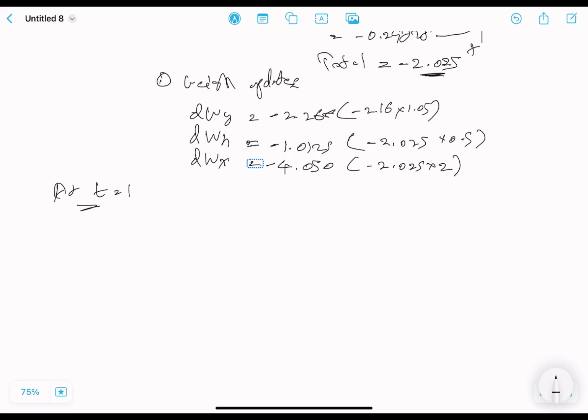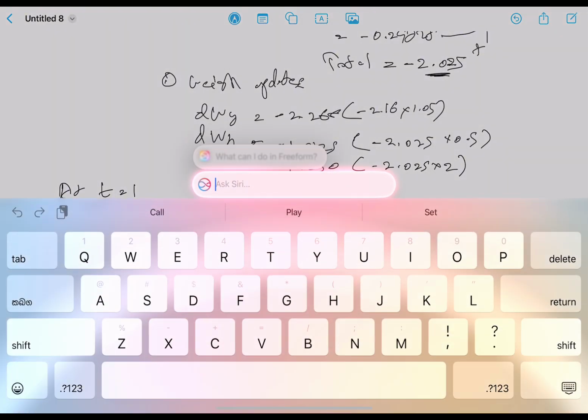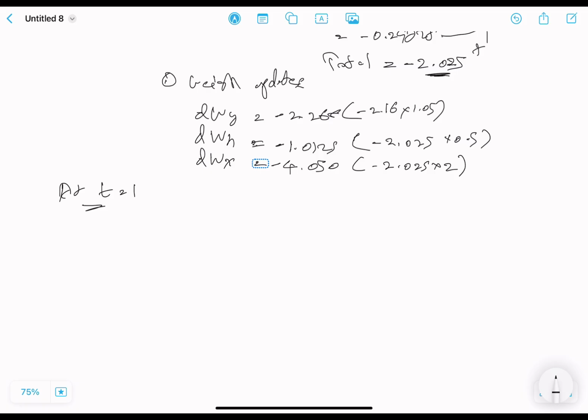Remember, we are doing backpropagation. So dh1 is dh2 total into weight of hidden state, that is minus 2.025, right?